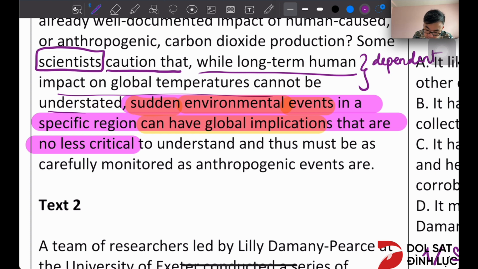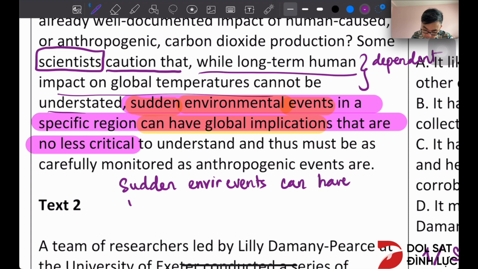So the idea here is: certain environmental events have important implications. Okay, and then everything else is secondary, because they are just modifiers to provide more descriptive details, rather than the main idea of the passage that you need to understand.